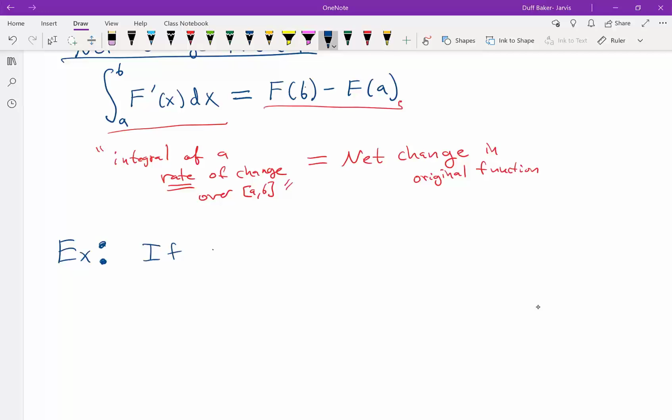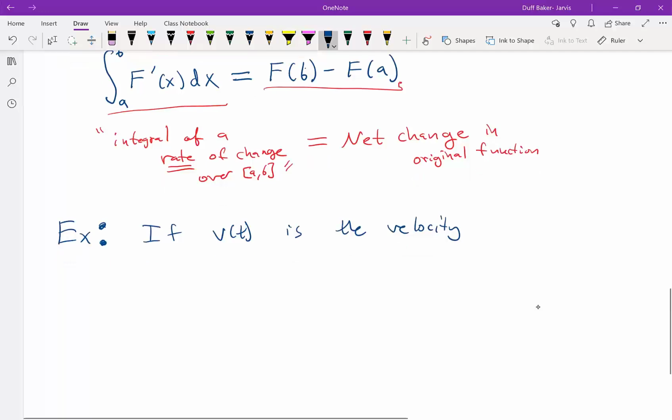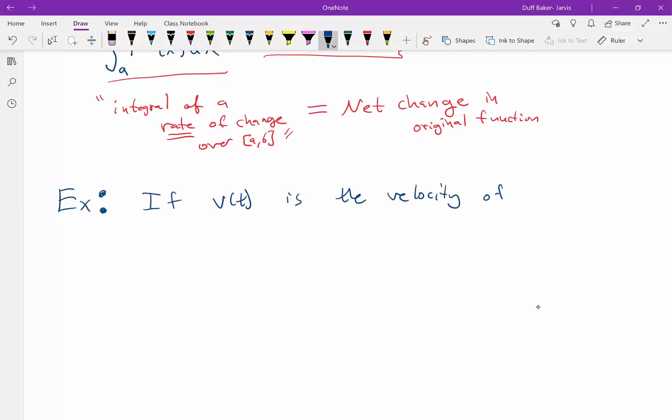So if v of t is the velocity of an object, and S of t is its position.